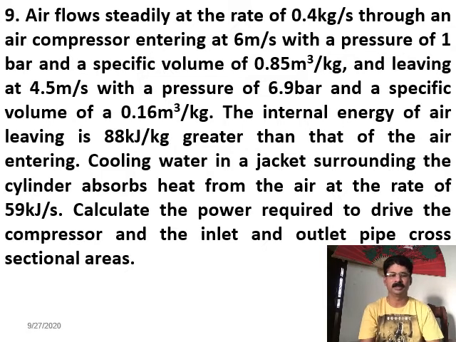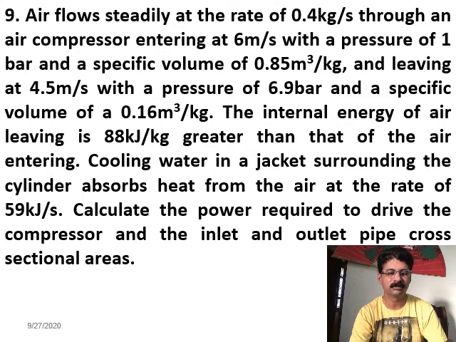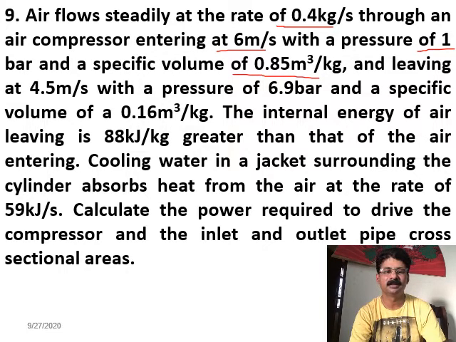Okay, very interesting problem. So it is a compressor, and here the mass flow rate is given, that is 0.4 kg per second, and all this data you can note down. Velocity, pressure is given in bar, then specific volume v1, and at exit v2, pressure 6.9, specific volume is given.